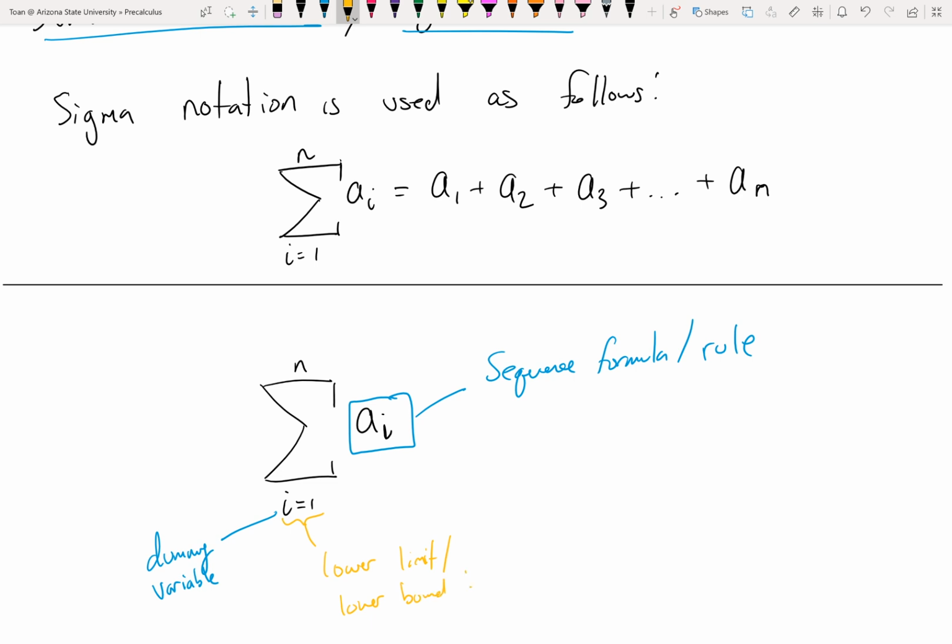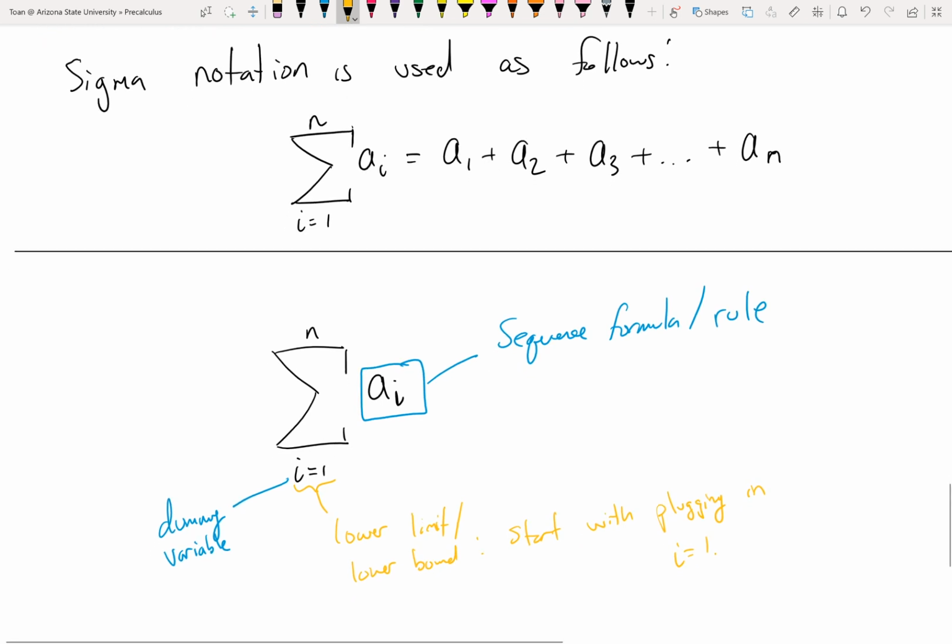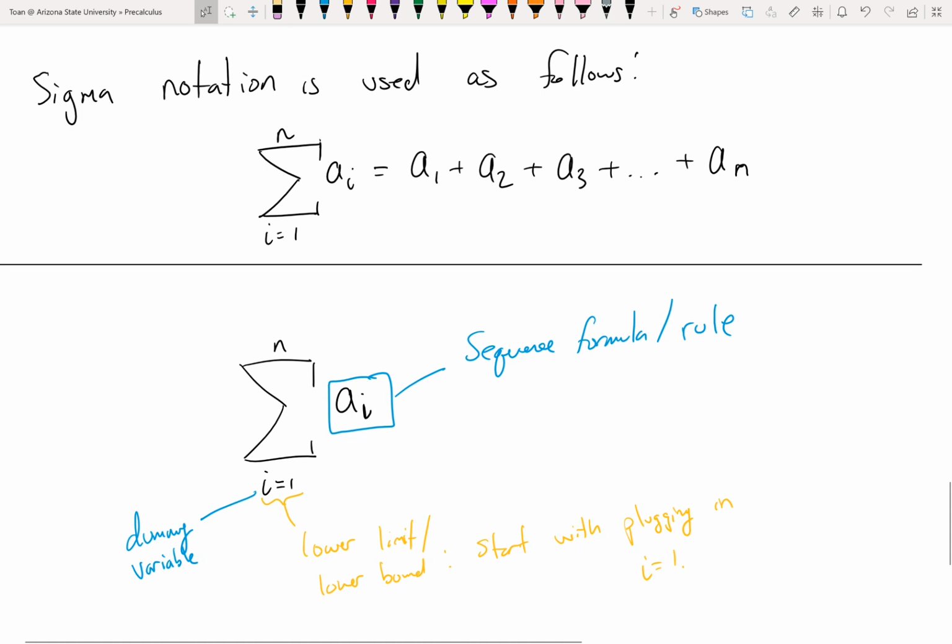It tells you to start plugging in i equals 1. So that tells you what to start plugging into. If there was an i equals 4 on the bottom, you would start plugging in at 4, and then you just keep incrementing up. On the top here, this is called, let me see if I can do it upside down. There we go. The upper limit, or the upper bound.